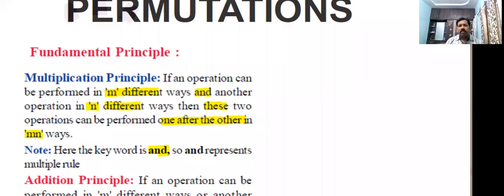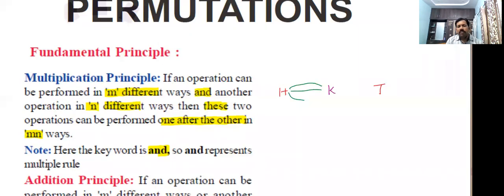Now see one example. One person can travel from Hyderabad to Tirupati via Kurnool. Hyderabad to Kurnool, there are three different routes.